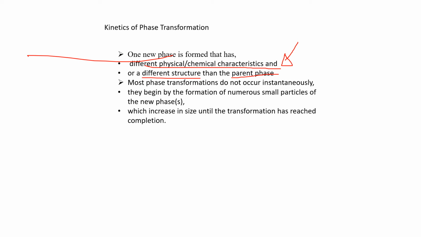Rather, they begin by the formation of numerous small particles of the new phases, which increase in size until transformation has reached completion. This transformation depends upon increasing either the temperature or the pressure of the alloy, or the change of the composition.